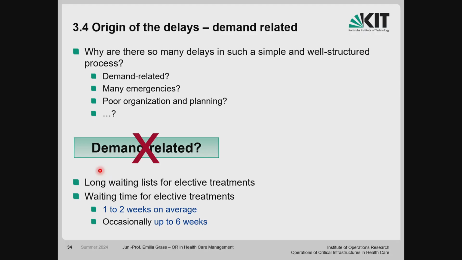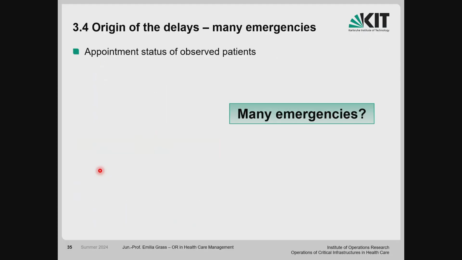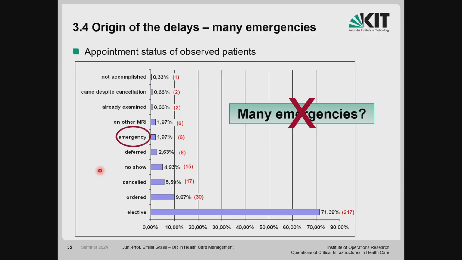Can it be that we have too many emergencies? We checked how many of these over 350 appointments were electives, and this is the majority. And then there are some minor ones, for instance no-show 5%, but emergency is up to 2%. So that cannot be the explanation either.